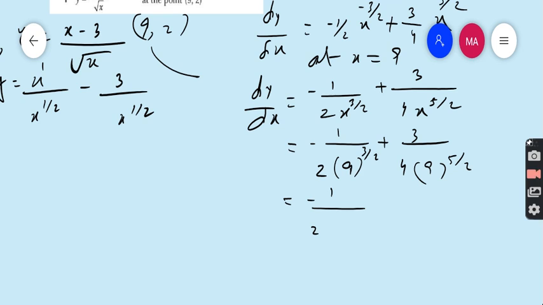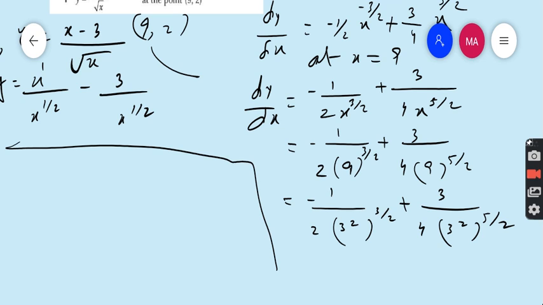This 9 becomes 3 square, and the power is 3 upon 2 plus 3 upon 4. This 9 becomes 3 square power 5 upon 2. So I am doing the remaining work over here. Minus 1 upon, this square cancels by this 2, so it is 2, and 3 power 3 becomes 27.